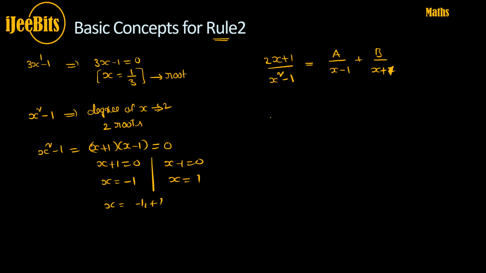If I say 2x plus 1 divided by x minus 1 whole square, how do you write this? Question: how do you write it? Let's say a by x minus 1 plus b by x plus 1 into x minus 1.